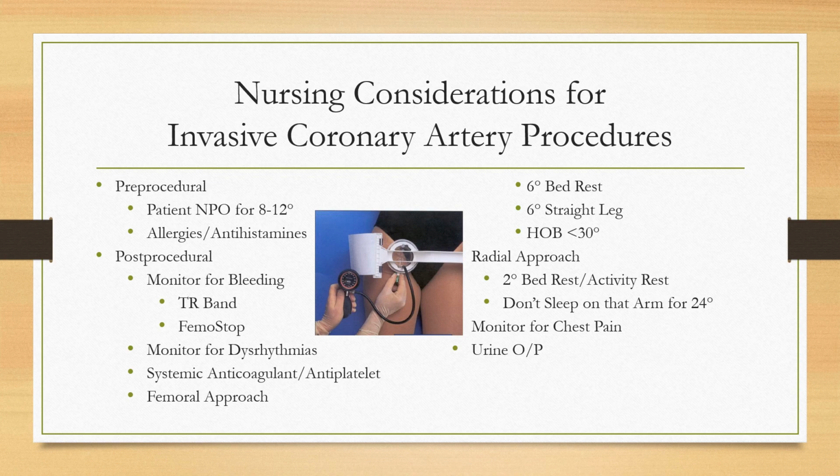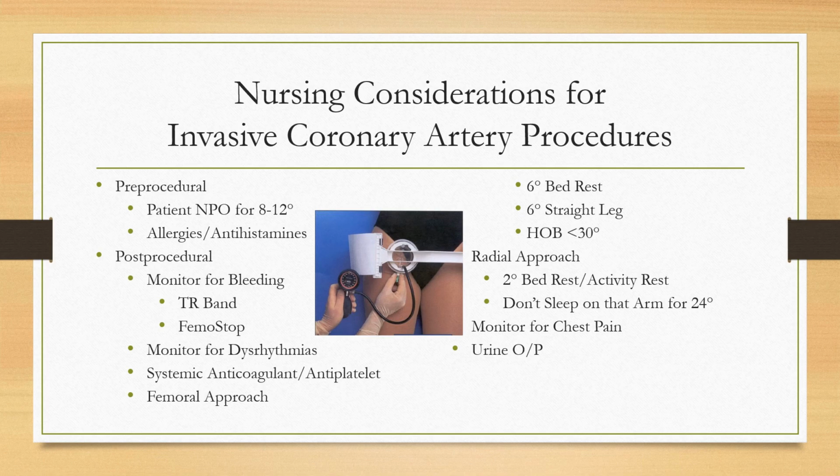Okay, so I'm not going to spend too much time on this slide. So pre-procedural. Now remember, a PCI is sometimes done in an emergency, a STEMI. So it's not always possible to be NPO for 8 to 12 hours. But if someone's coming in electively for angioplasty and a stent insertion, then it is possible to fast and not eat or drink for 8 hours, right?